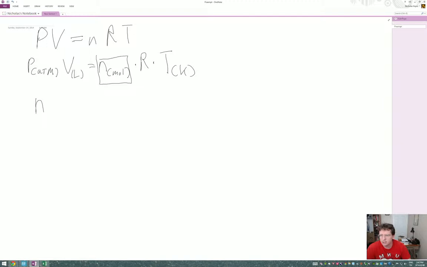I'm just going to rearrange it, and we can get n is equal to PV divided by RT, right? So that means that's going to be pressure in atm times volume divided by temperature divided by R is all supposed to give me something in moles. So everything has to cancel out except for the unit mole and some number. Okay? So I have to pick the R that's going to cancel out all of those values.